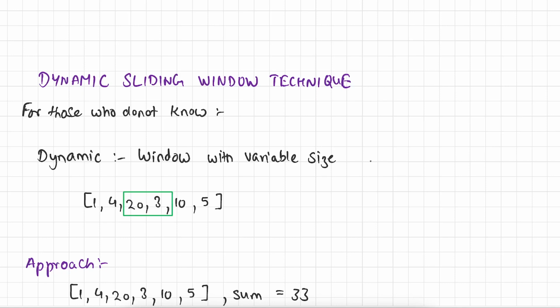Let me show you. Currently the window size is 2, so we can extend the window or shrink it like this. So here also we use the sliding window technique, but with a dynamic window size. This is what the dynamic sliding window technique means.